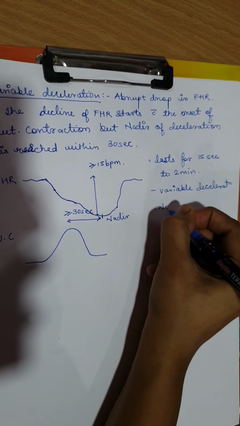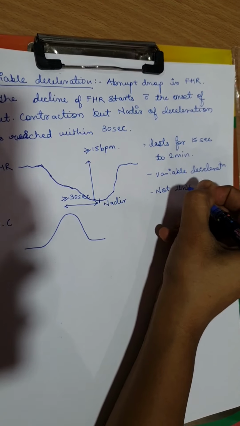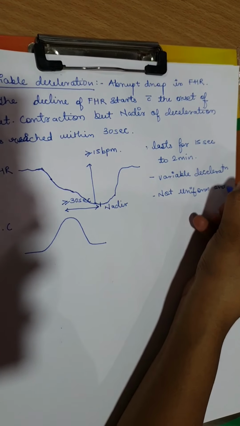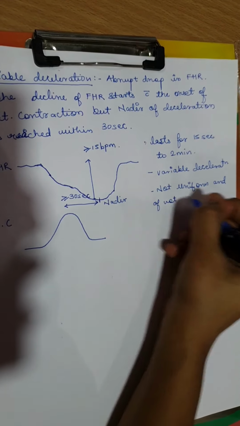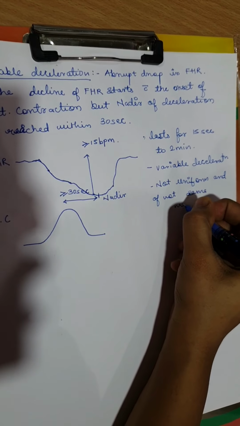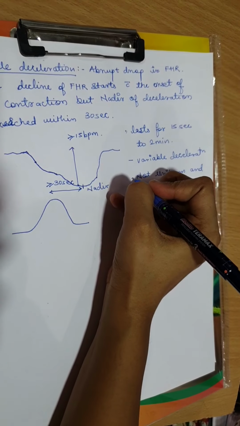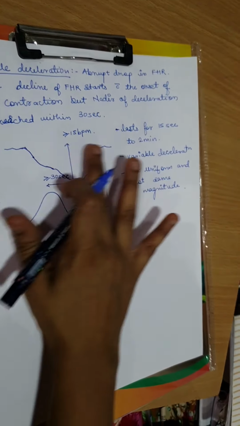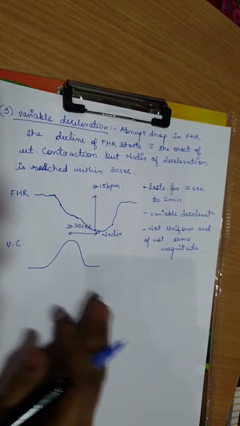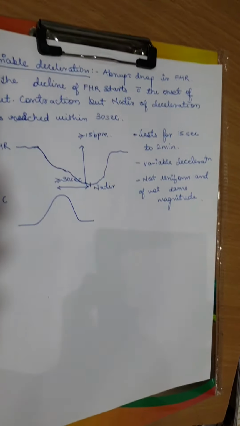These are not uniform and not of the same magnitude. The prolonging time in seconds differs from one deceleration to another.